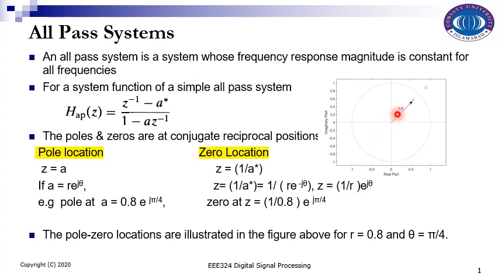So the zero is at 1.25 with angle pi by 4. This system function is the simplest all-pass system. It has a single pole and a zero at conjugate reciprocal positions.